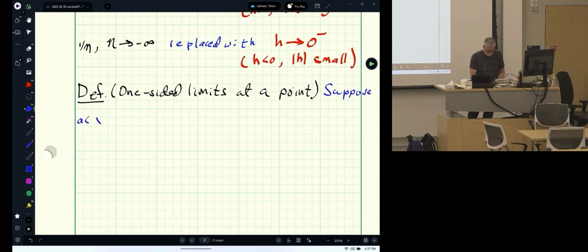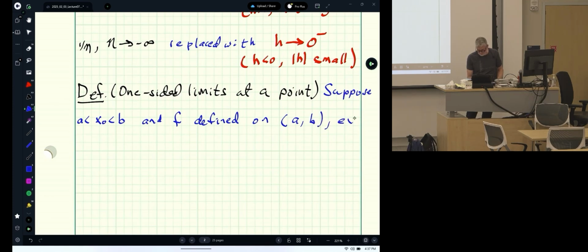Suppose we've got some interval AB with x in the interval, and a function f defined on the open interval AB, except possibly at x0.